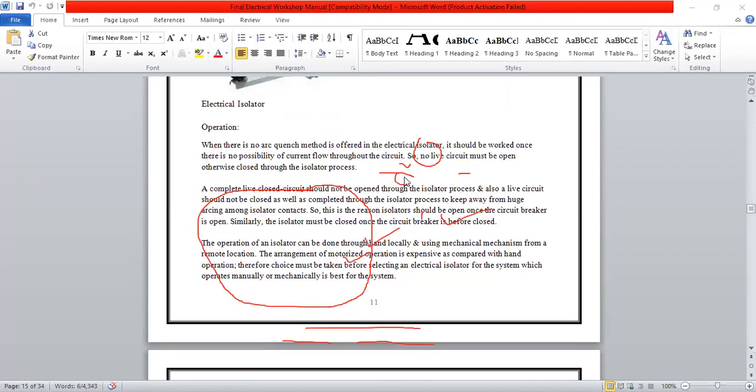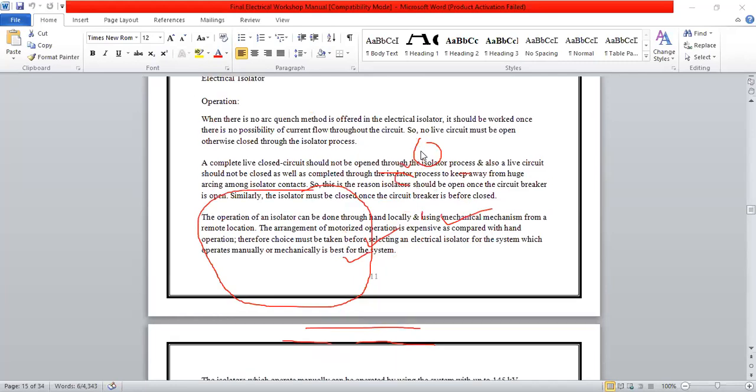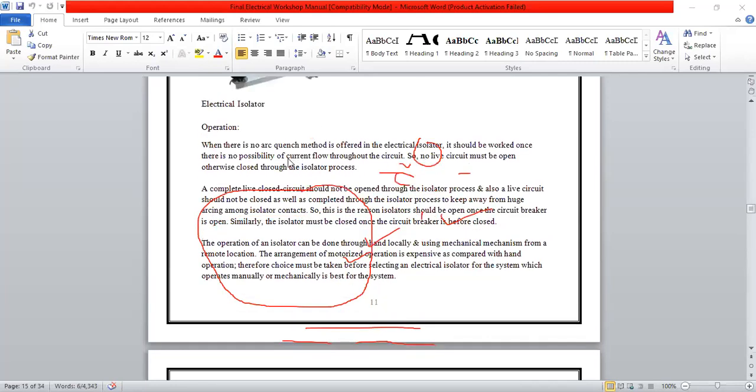Now the operation of this isolator: no arc quenching method is offered in the electrical isolator. Since arc quenching is not used, it should be operated only once there is no possibility of current flow through the circuit.